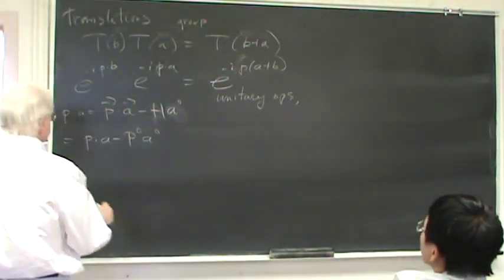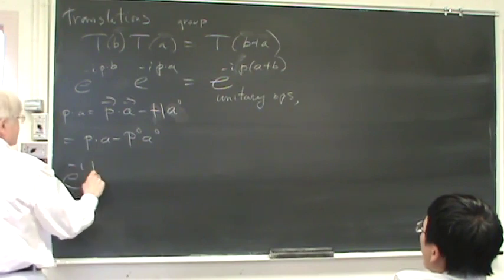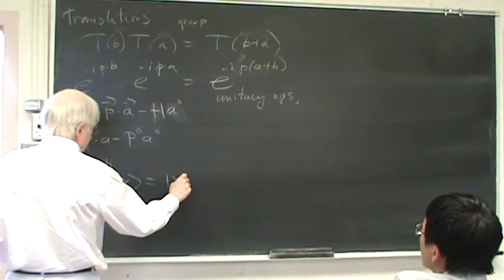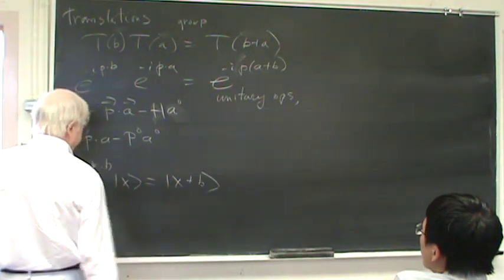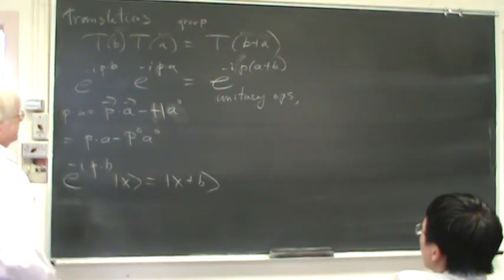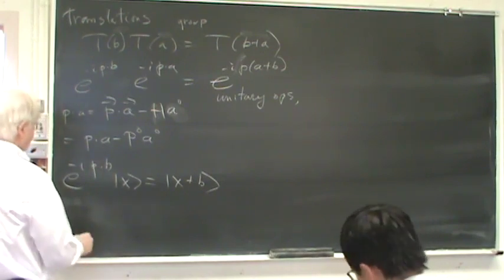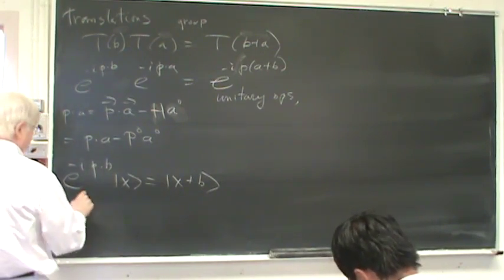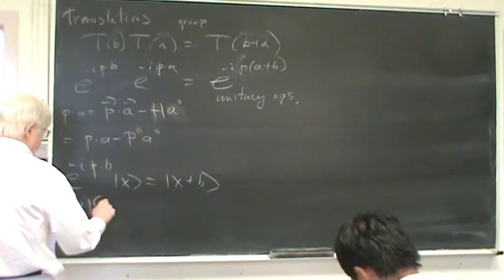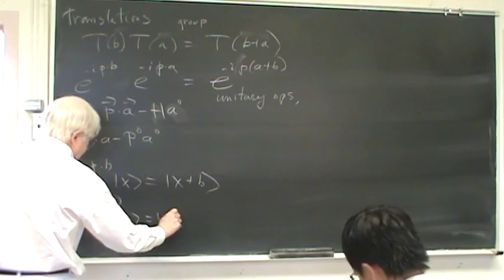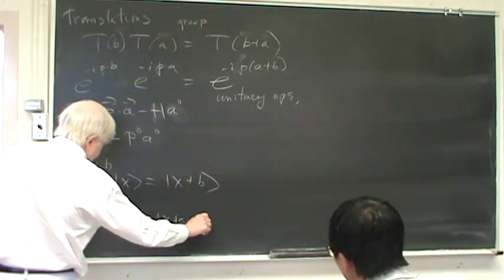And they act on states, so e to the minus i p dot b on a state, say, x is x plus b. And if you act with both of them, then e to the minus i p (a plus b) on x is x plus a plus b.